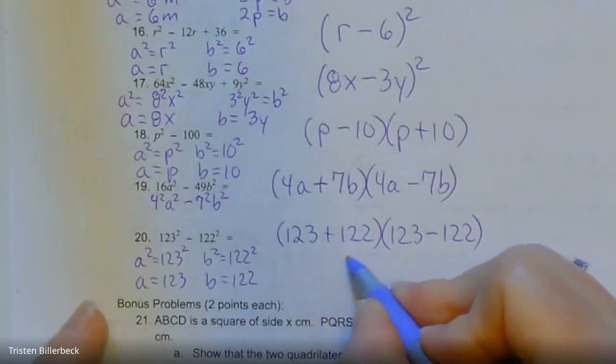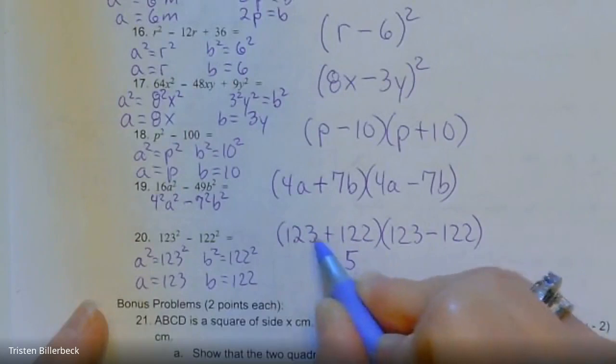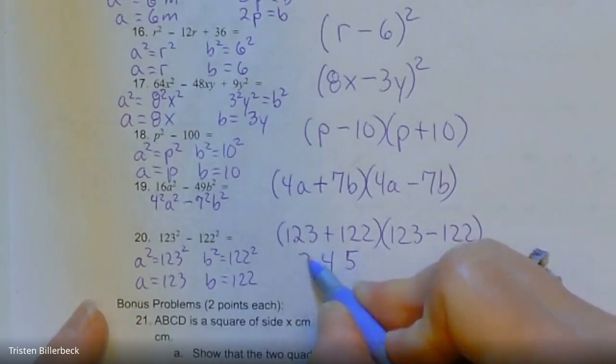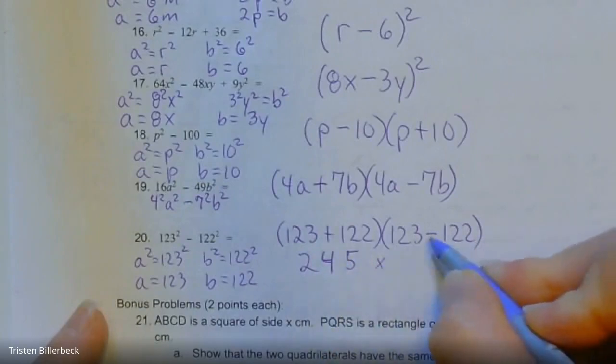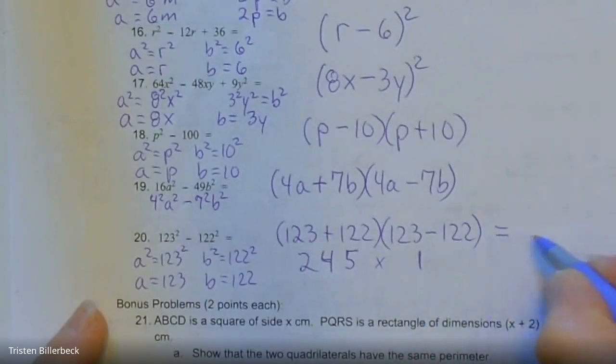So when we add these two up, we get 3 plus 2 is 5, 2 plus 2 is 4, and 1 plus 1 is 2. So we have 245 times, and 123 minus 122 is 1. So our answer here is 245.